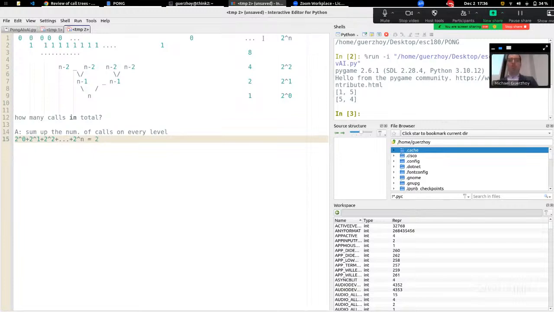This is 2 to the power of n plus 1 minus 1, divided by 2 minus 1, which is equal to 2 to the power of n plus 1 minus 1, which is approximately 2 to the power of n plus 1, approximately in the sense that it's that minus 1, which is equal to 2 times 2 to the power of n. So it's O of 2 to the n, assuming every call takes the same amount of time.